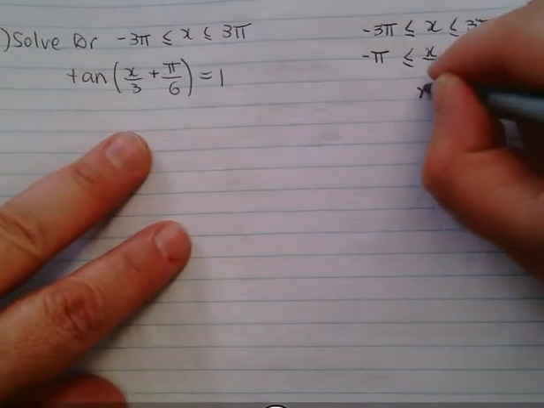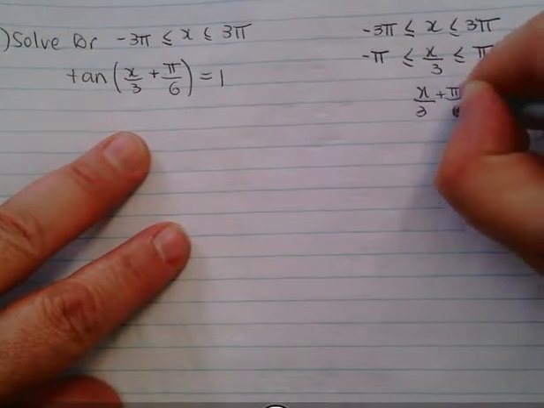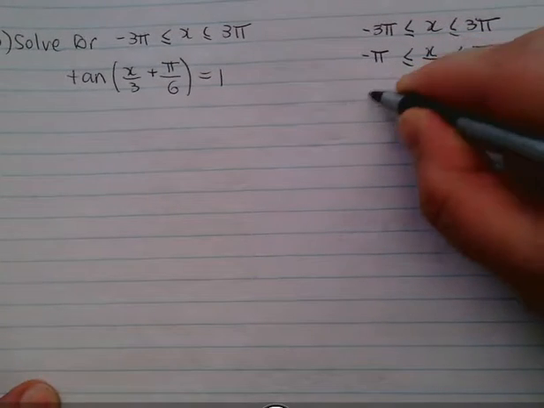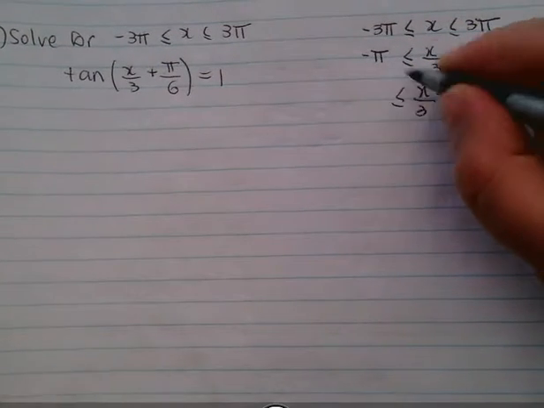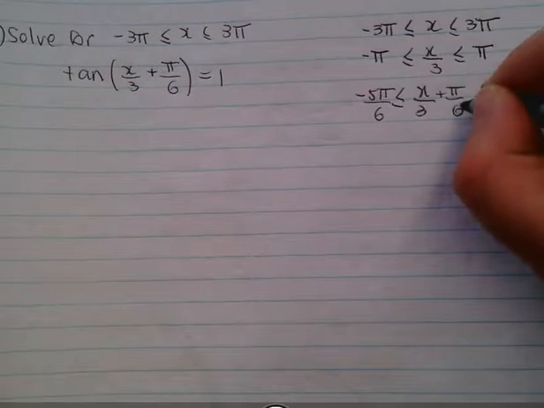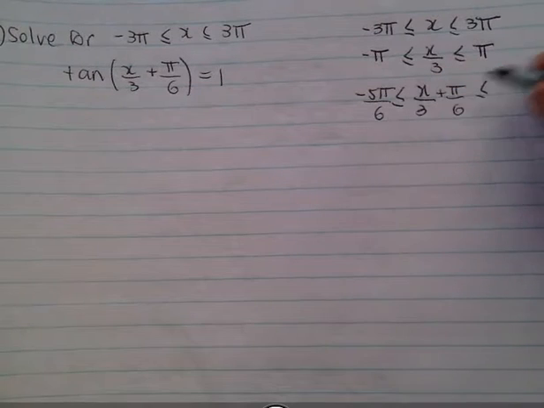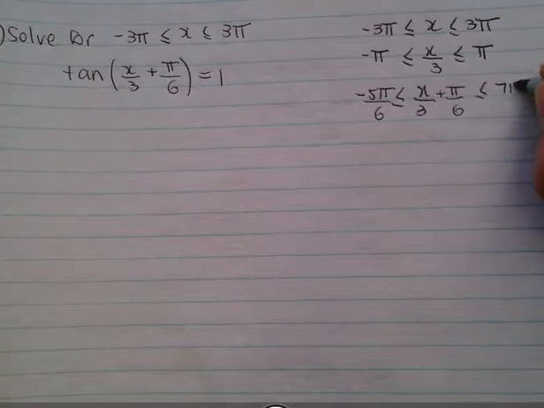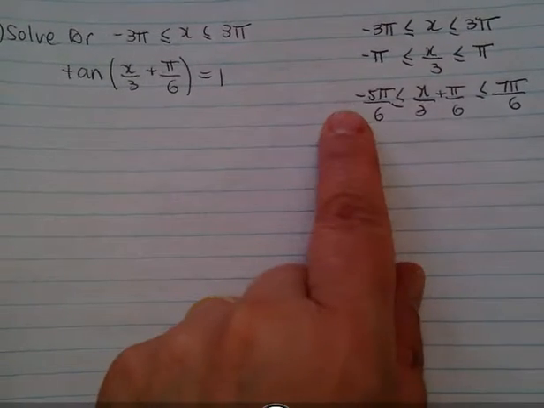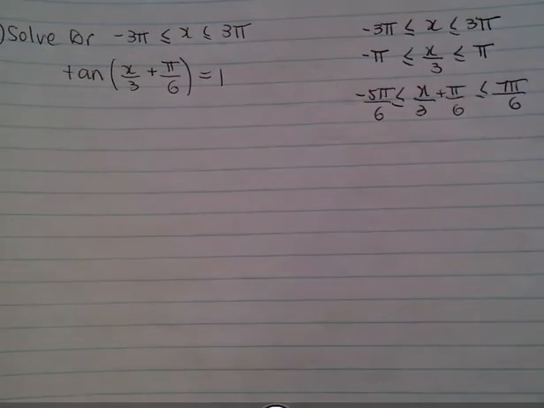And now we're adding pi on 6 to each of these. So -1 plus pi on 6, that's -5 pi on 6, because -1 plus a sixth is -5/6, and this is 1 plus 1/6, which is 7 pi on 6. So therefore, your new domain is from -5 pi on 6 to 7 pi on 6.